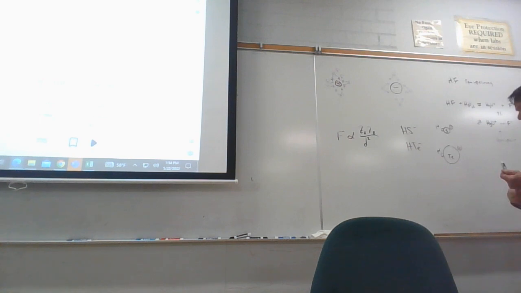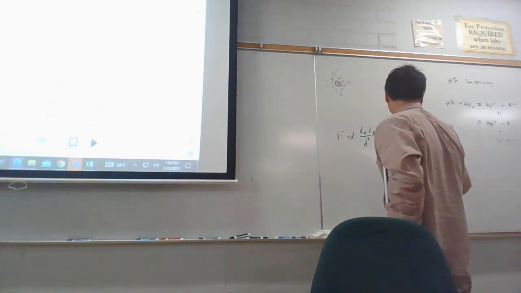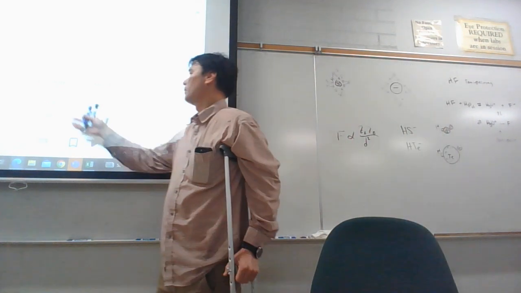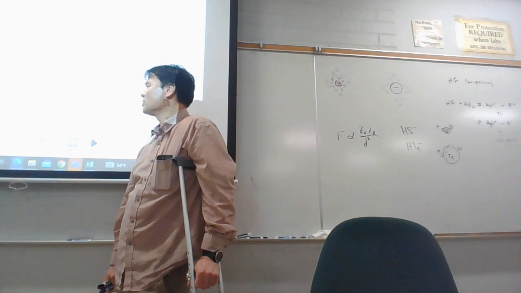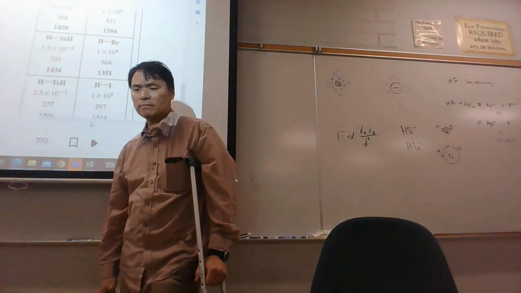And so we can look at the charge density. The negative charge is more concentrated on sulfur than it is on tellurium. So if we picked the base strength, then we would have gotten the right answer. But we probably think the major factor here is bond energy.